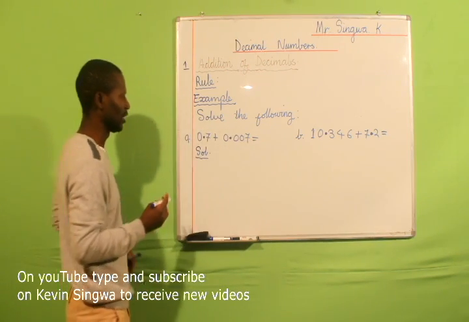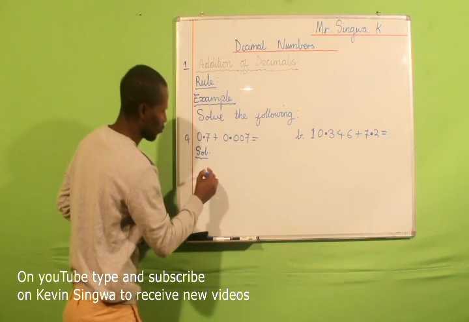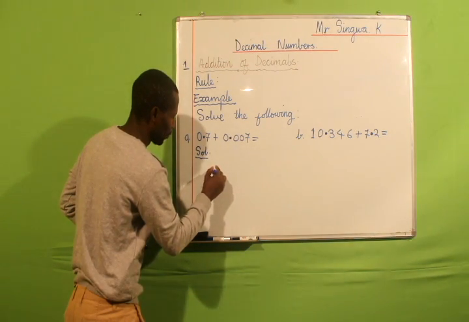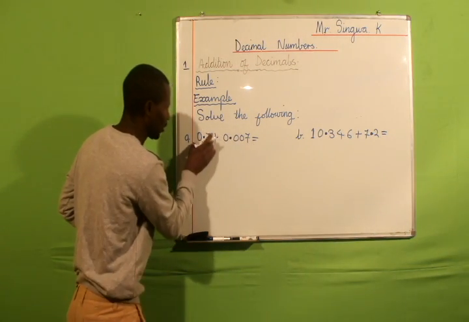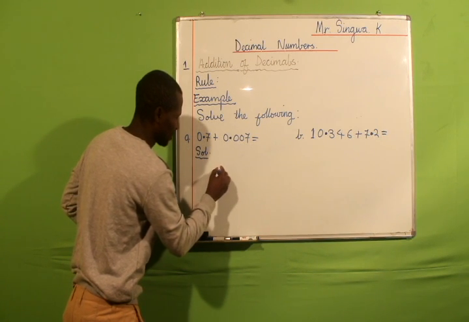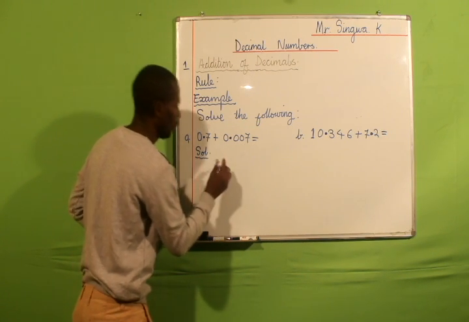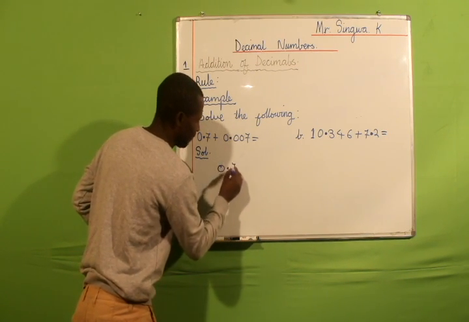Come down here and write your figures. We are going to start either here or here, but I prefer this part. I've left the space here deliberately: 0.7.